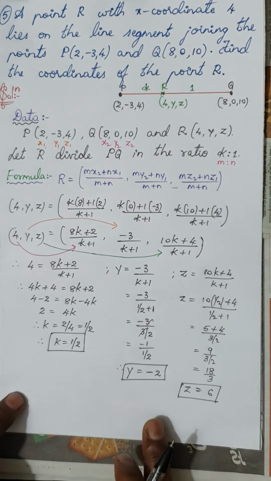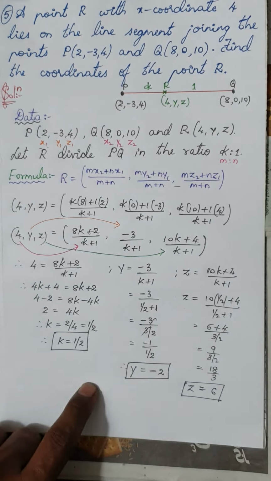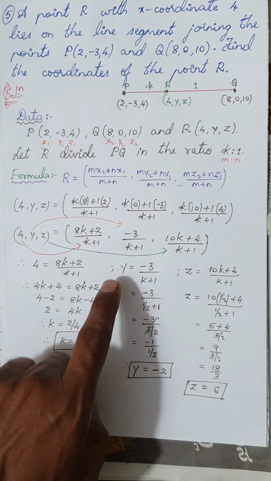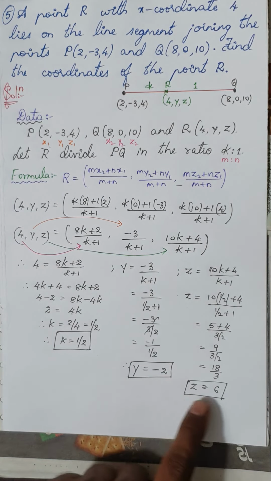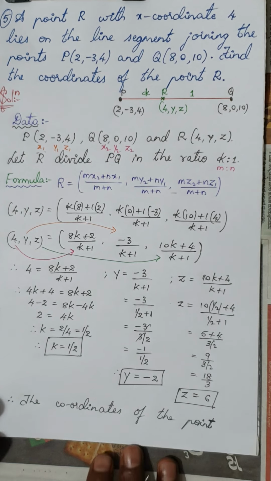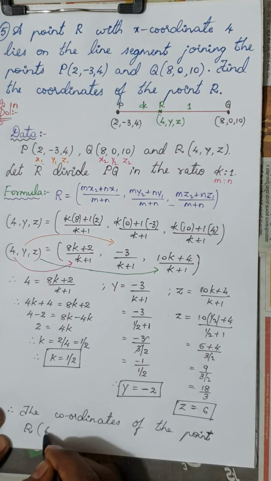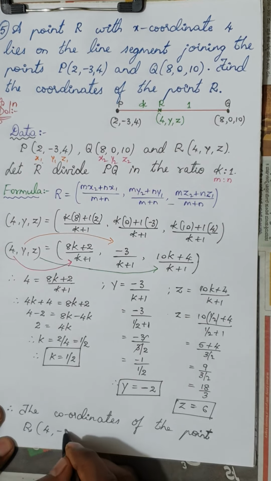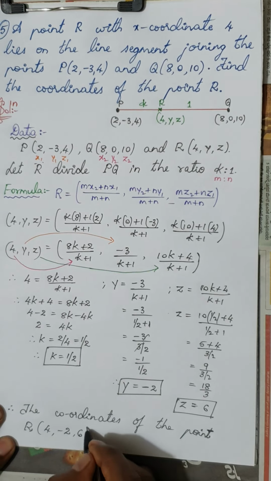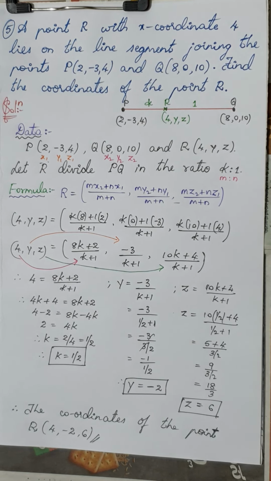Okay, so therefore you can find the coordinates of point R. The x coordinate we already have, 4, y coordinate is -2, z coordinate is 6. Right, so the coordinates of the point R are x coordinate 4, y coordinate is -2 and z coordinate is 6, and this will complete the solution for question number 5.